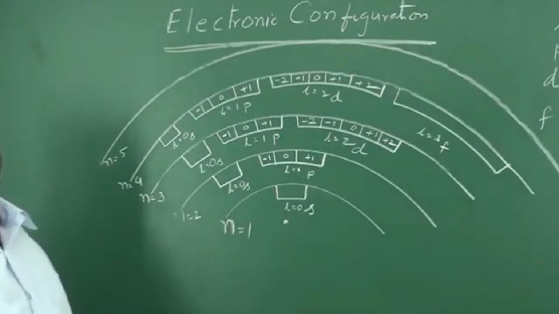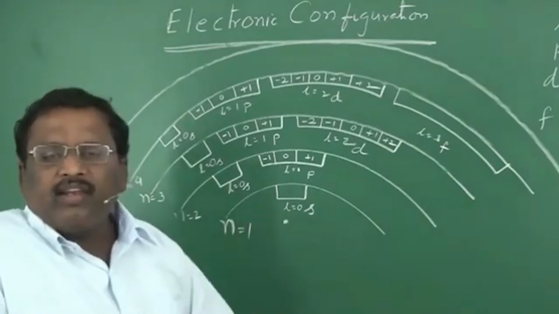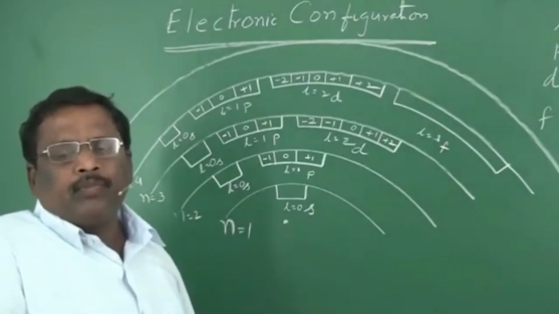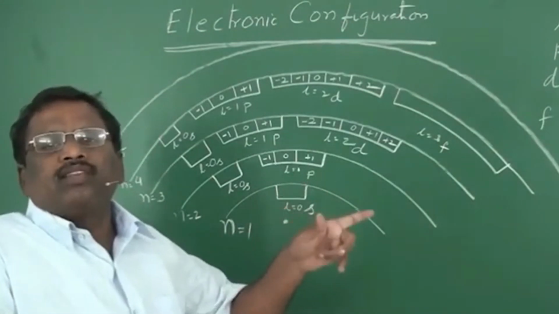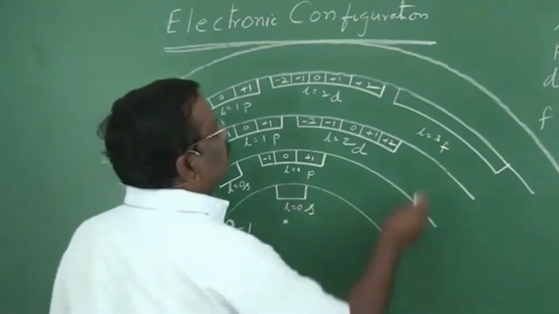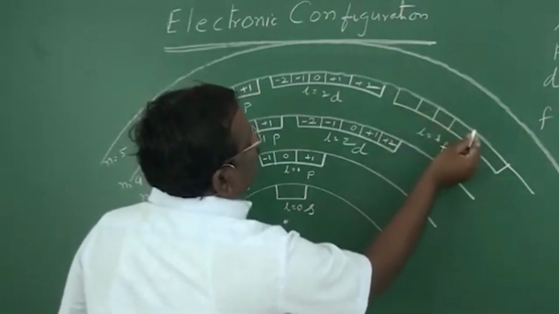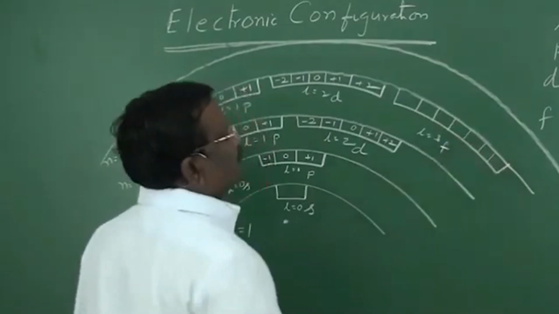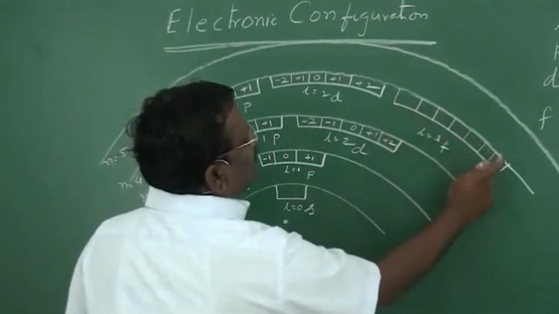Similarly, F sub-energy level will have 7 orbitals. F L value is 3. 2L plus 1, 2 into 3 plus 1, 2 threes are 6, 6 plus 1, 7. So there are 7 orbitals in F sub-energy level: 1, 2, 3, 4, 5, 6, 7.